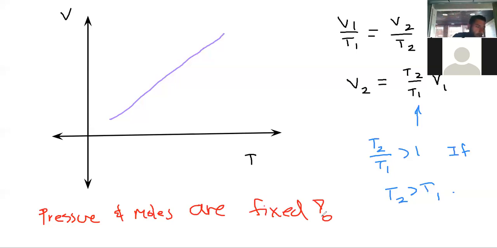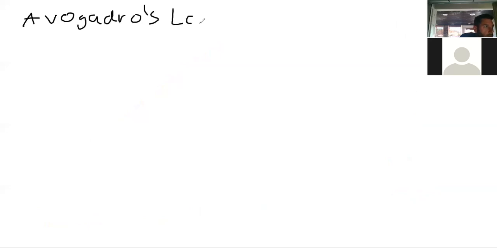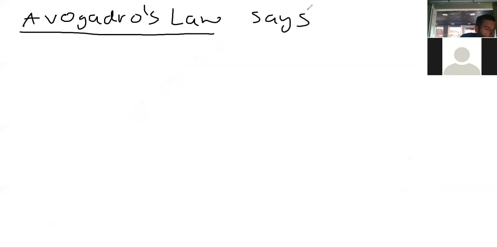And then the third situation here is what we call Avogadro's law. You might remember Avogadro from chemistry, hopefully. Avogadro's number. So what does Avogadro's law say?